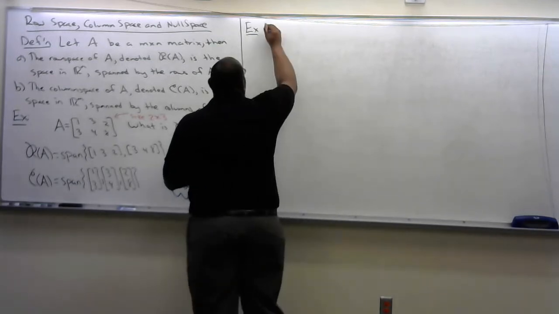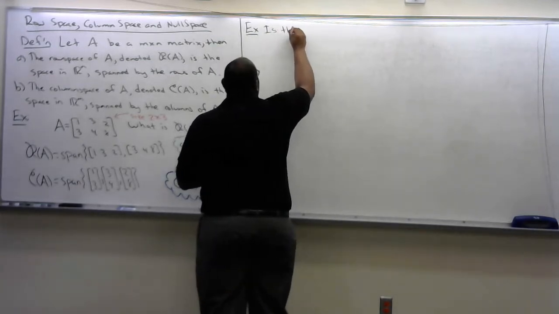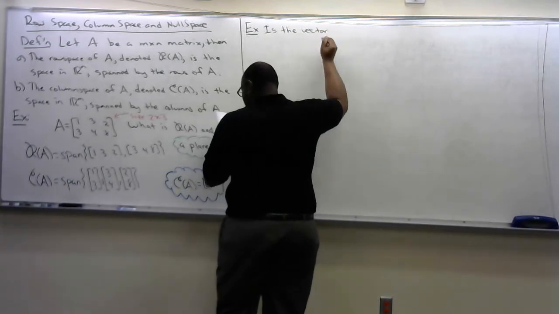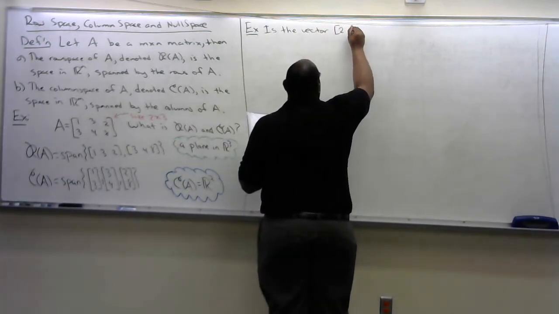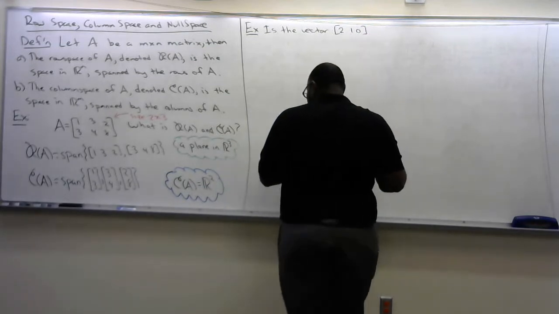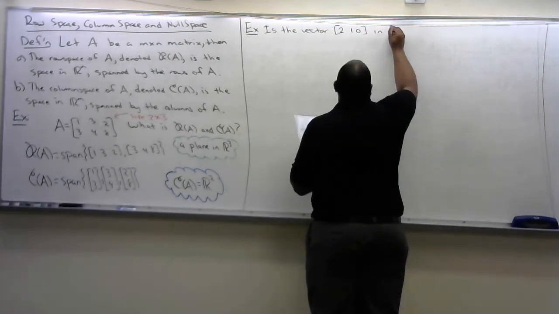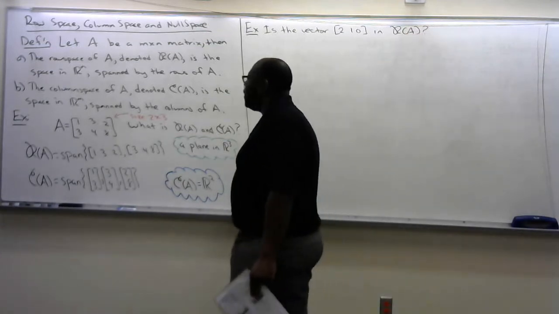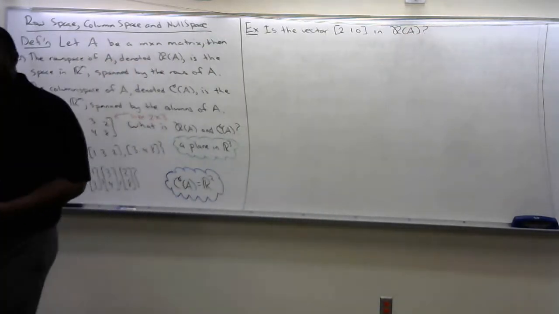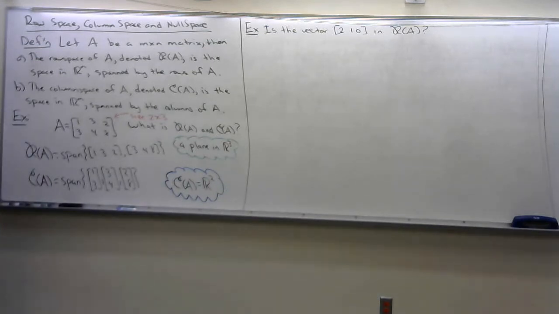Is the vector (2, 1, 0) in the row space of A? I want to know, is the vector 2, 1, 0 in the row space of A?